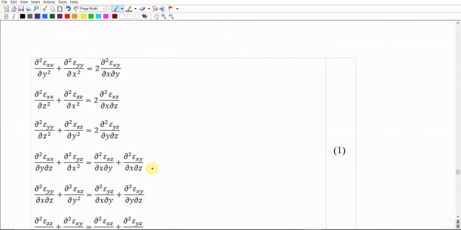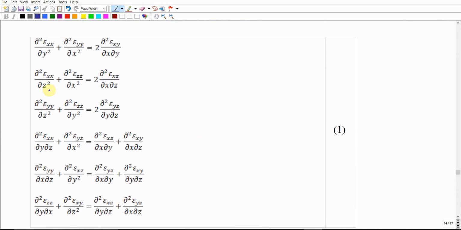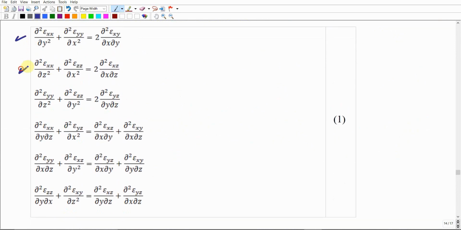In 3 dimensions in general, we end up with 6 compatibility conditions that define the relation between the 6 components of the strain. So the compatibility conditions in 3 dimensions are 6, not just 1.